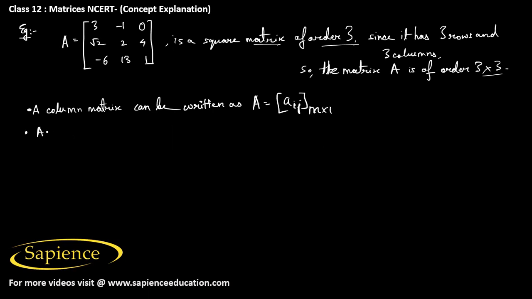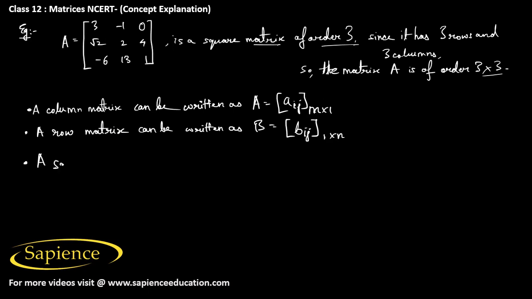And then a row matrix can be written as B equal to Bij. It is of the order 1 cross n. It means it has 1 row and n columns.